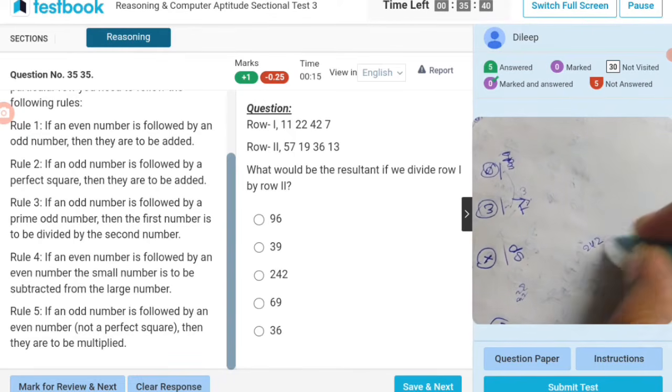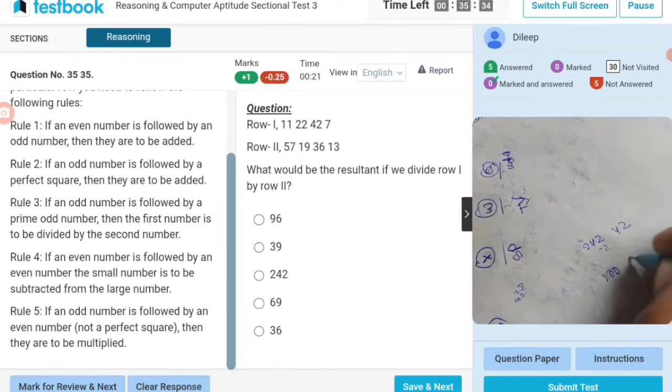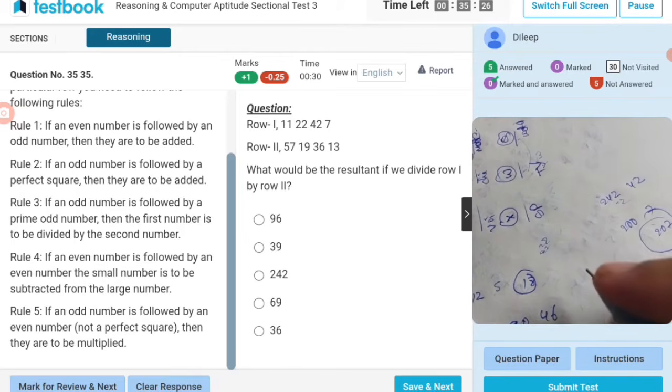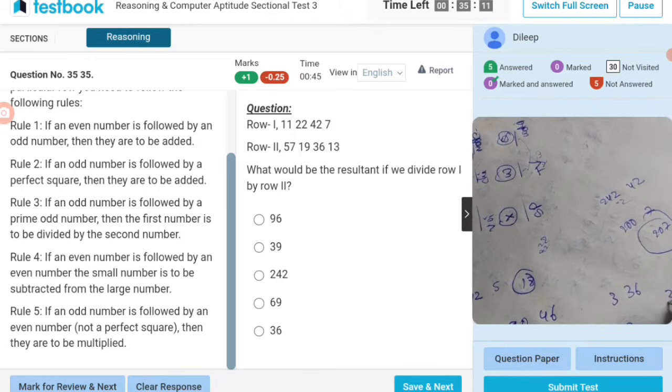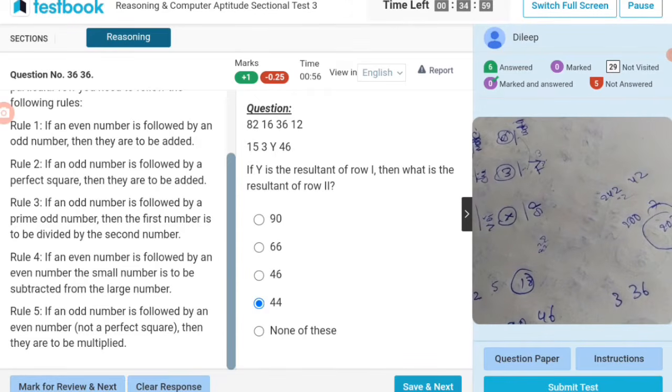So 242 and 42. 207, 207 and 336, 39, 13, 69.